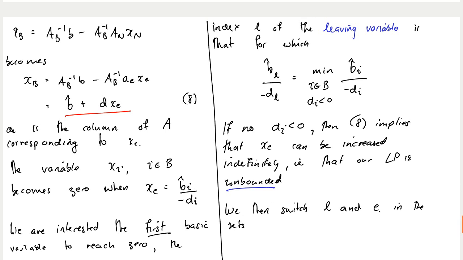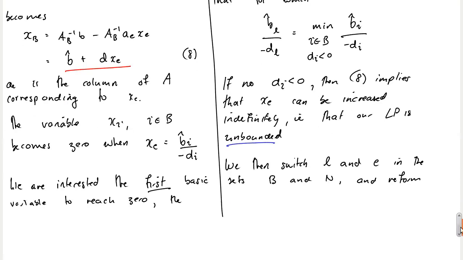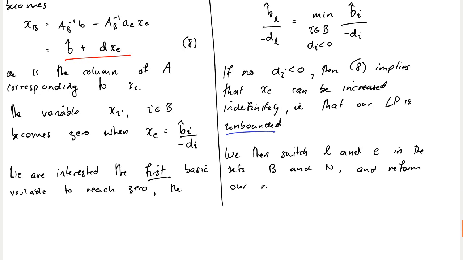So L is going to leave the basis B and E is going to enter it. And reform our new A_B, A_N, etc. and do the next step.